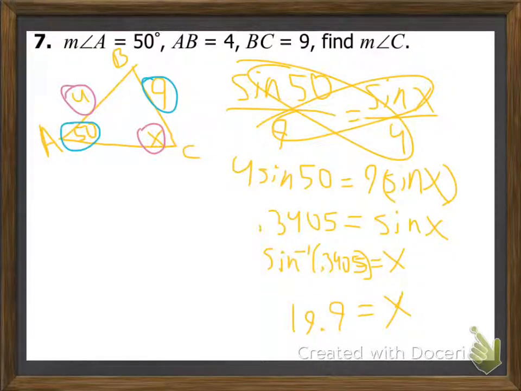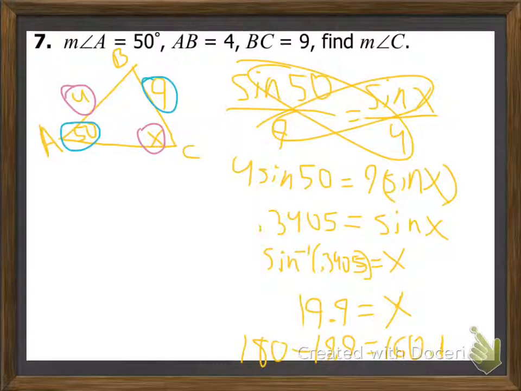But remember, you can potentially have two answers here. So while one of the answers is 19.9, you also have to do 180 minus 19.9 and get your second answer, which is going to be 160.1.